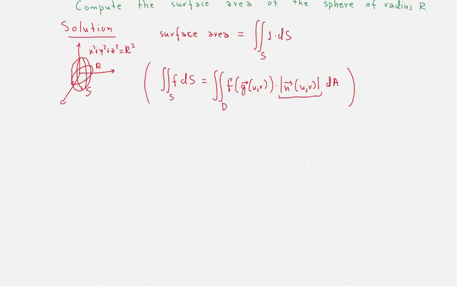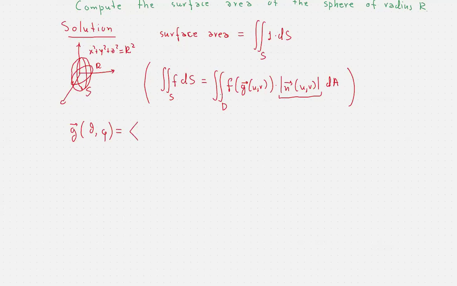So instead of using u and v, I'm going to use the more suggestive letter variables theta and phi, because we will see that our parameterization will be inspired by, or heavily depend on, knowledge of spherical coordinates.